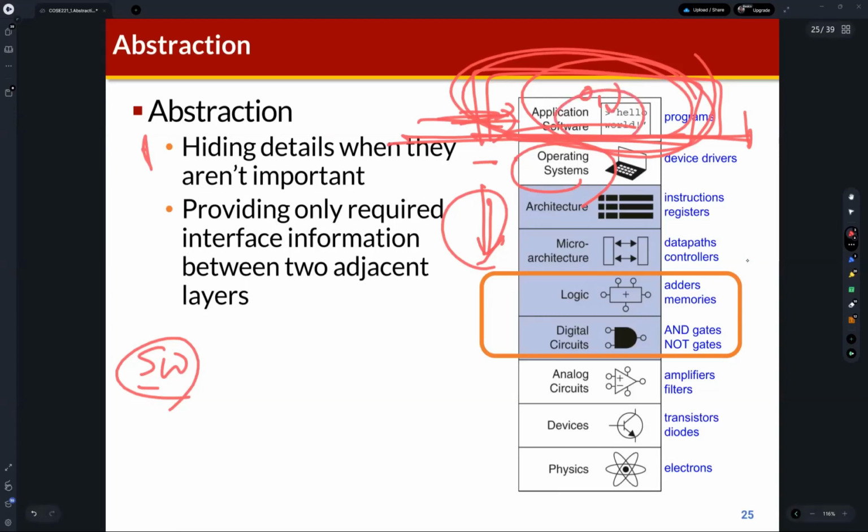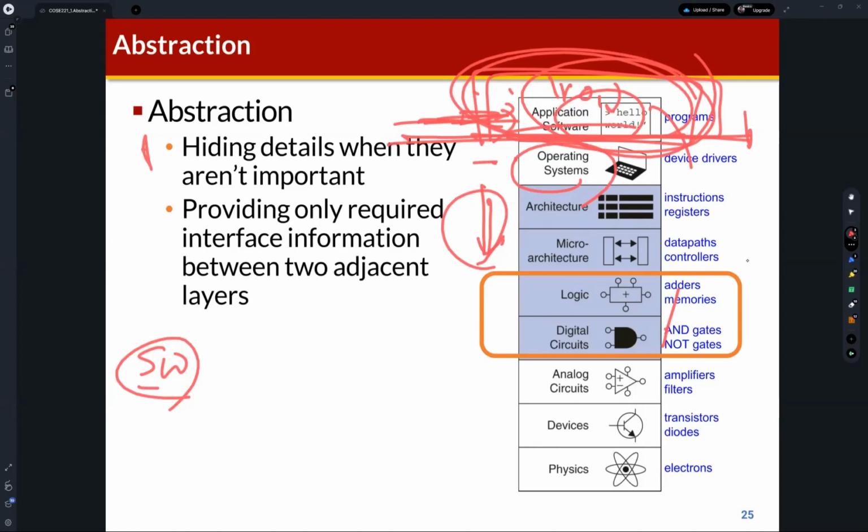But to optimize the system globally, we also need to focus on every aspect of the system. Because we focus on only one layer of the system, it's not easy to optimize globally.